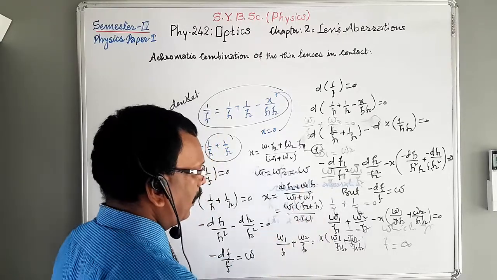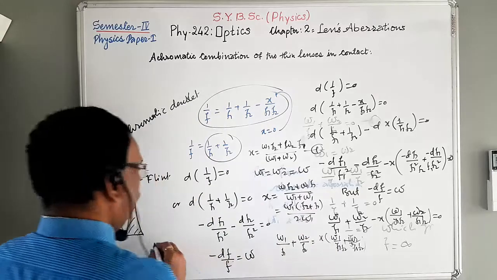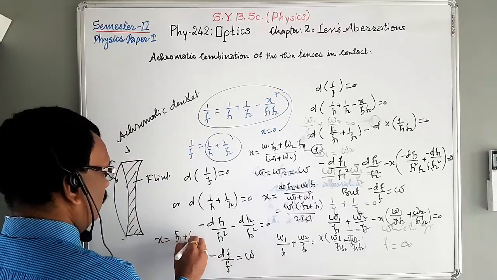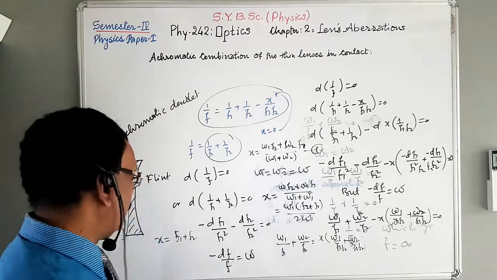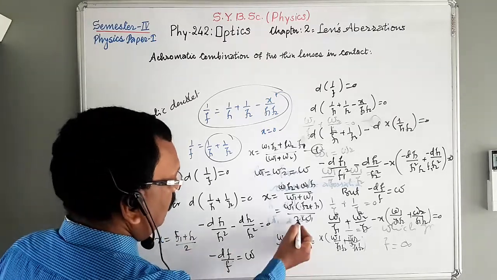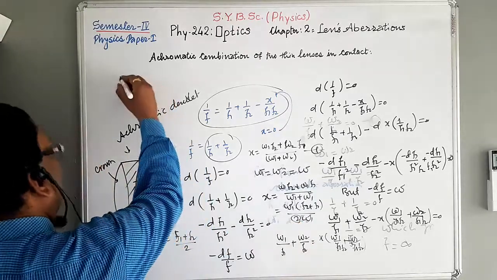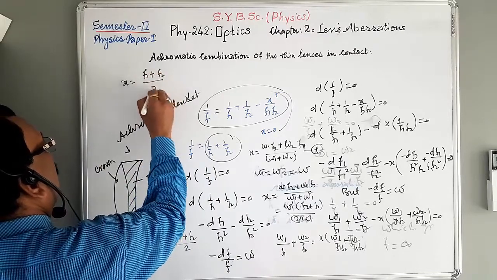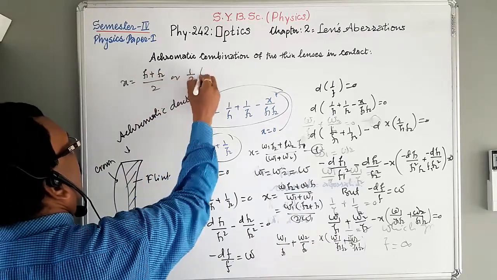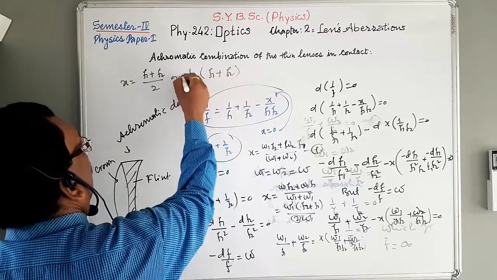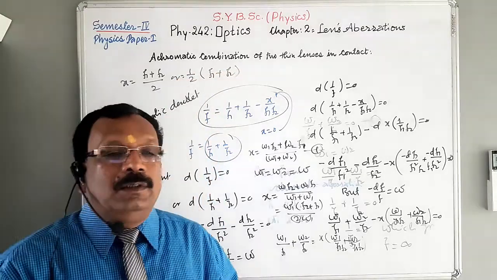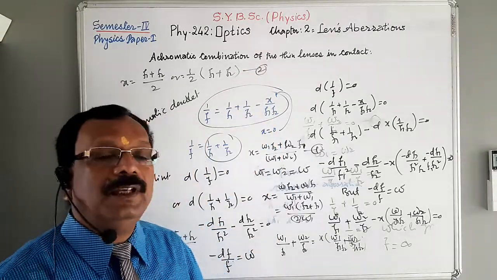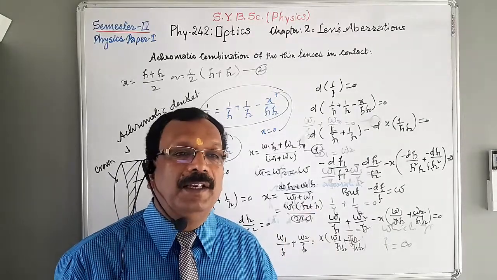Omega 1 cancels, and lastly we have x is equal to (f1 plus f2) upon 2, or half of (f1 plus f2). This is the most important. This is the condition for achromatism when two lenses are separated by a finite distance.